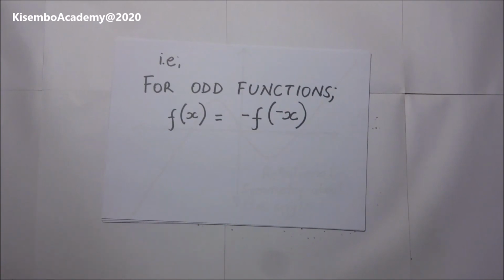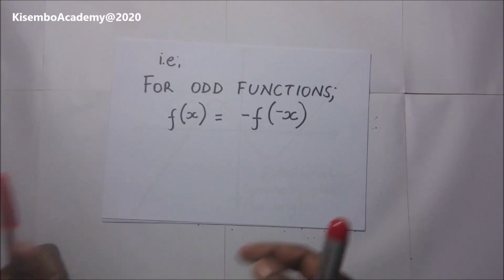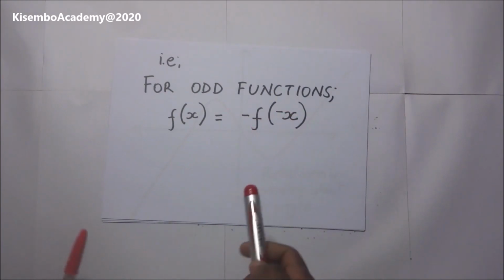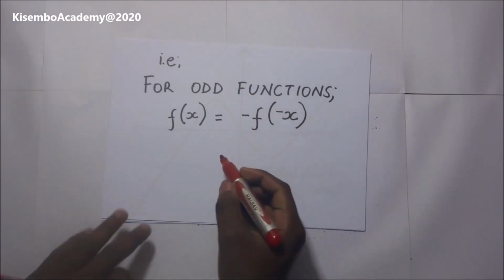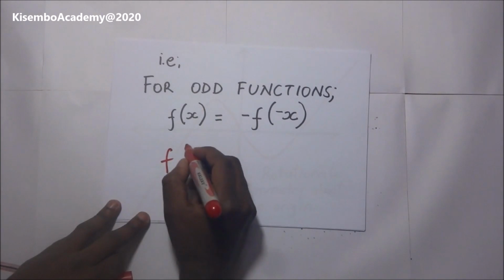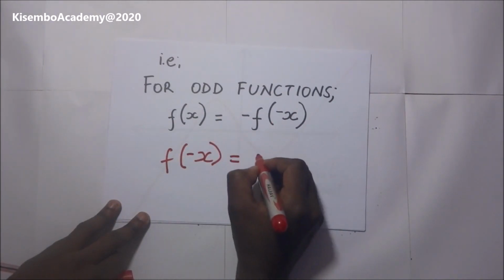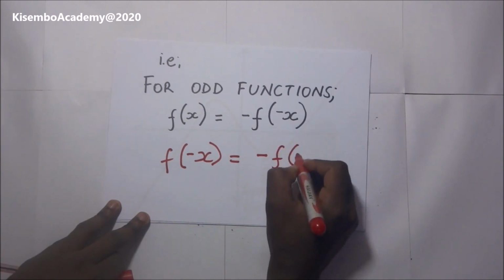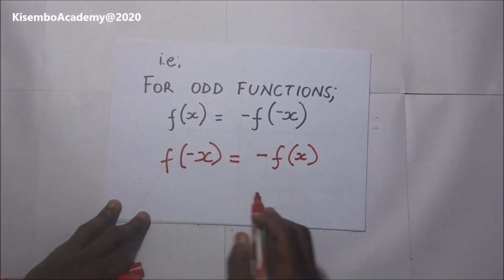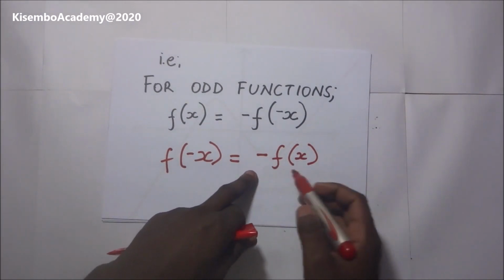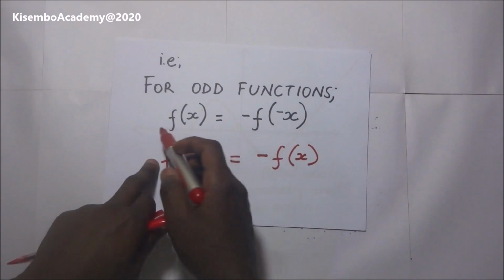More accurately put, when we put a negative value in there, it's going to return a negative, like that. And of course, if you multiply by negative on both sides, it turns out to be this expression.